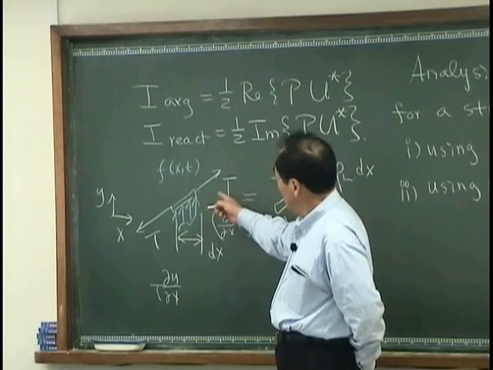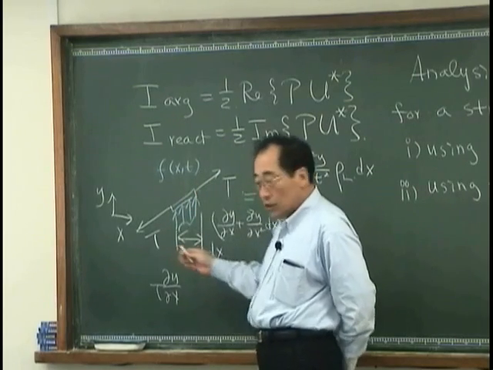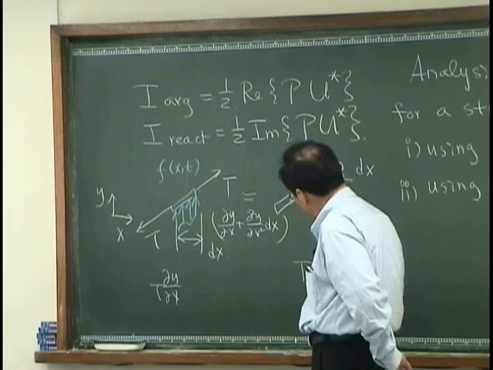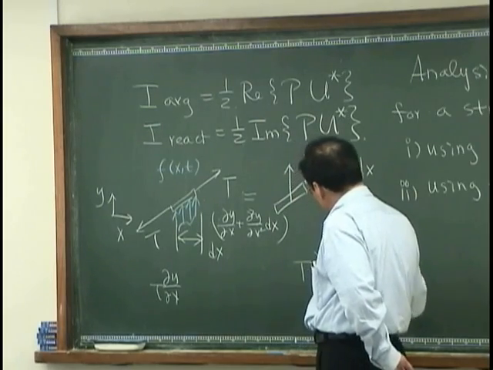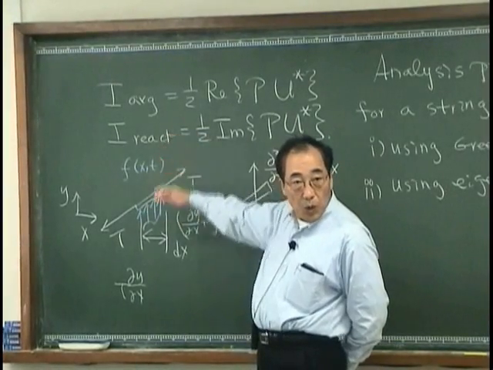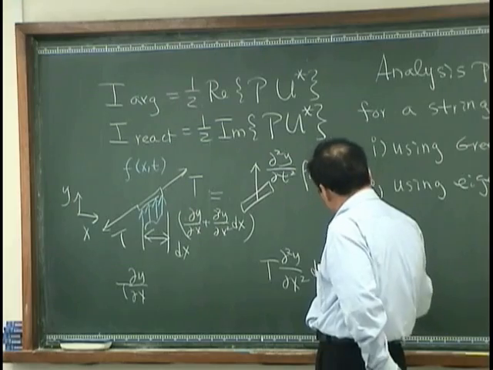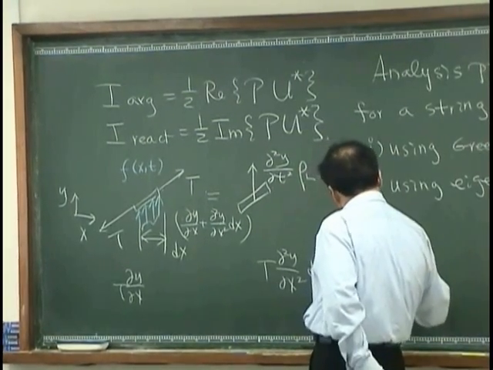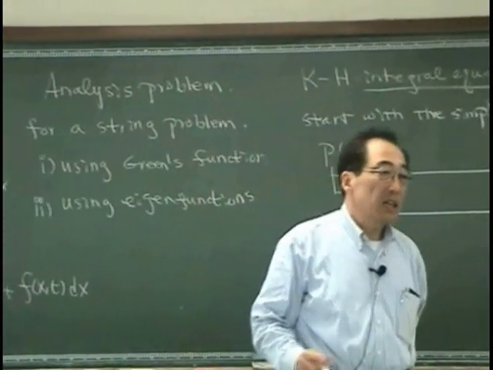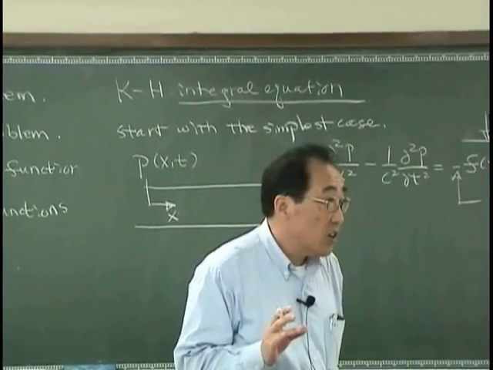So the y component, due to the unbalanced tension, can be written as T d²y/dx² dx, in the positive y direction, plus we have f(x,t) dx, considering that f(x,t) is the force per unit length acting on the string.